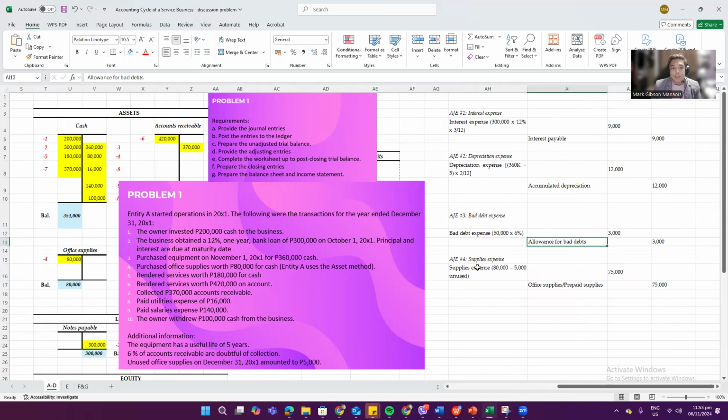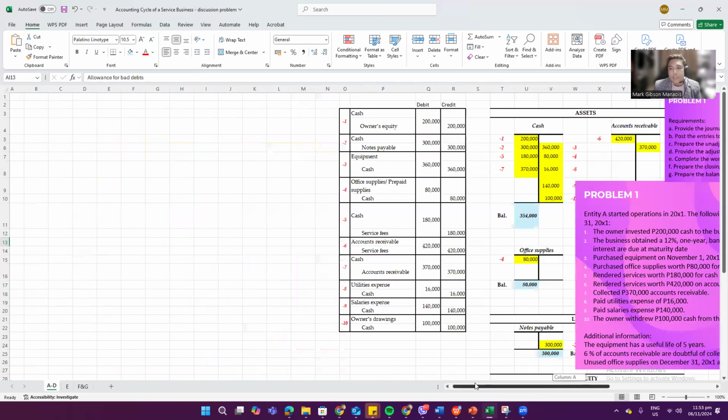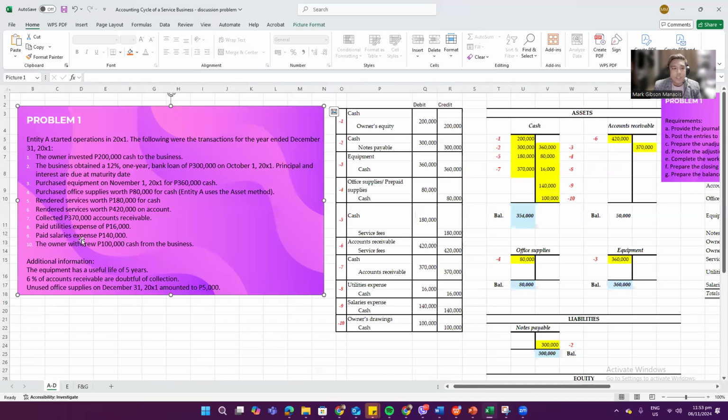Finally, on the supplies expense. Notice, initially, when we record the purchase of office supplies, the problem says entity A uses the asset method. So, upon purchase, let's go back to our journal entry, transaction number 4.